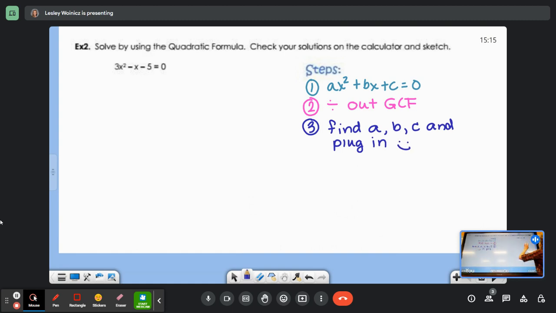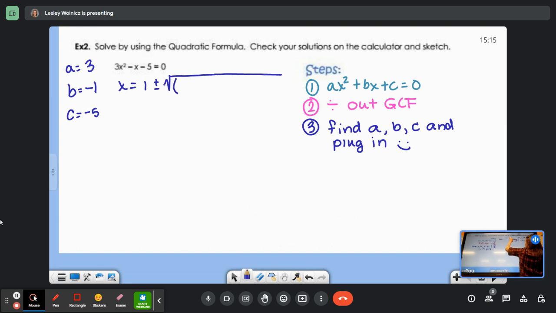Okay, so the formula goes, let's do the A, B, and C first before I get ahead of myself. The A is 3. The B is 1, what kind of 1? Negative 1. Good recovery. What about the C? Negative 5. Okay, X equals the opposite of our B. If our B is already negative, it'll be positive. Plus minus, big square root.